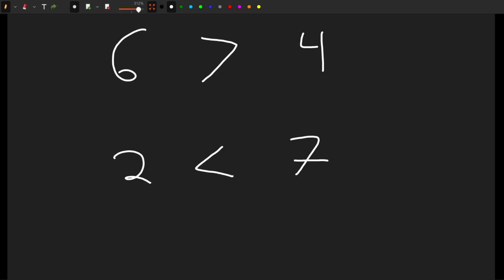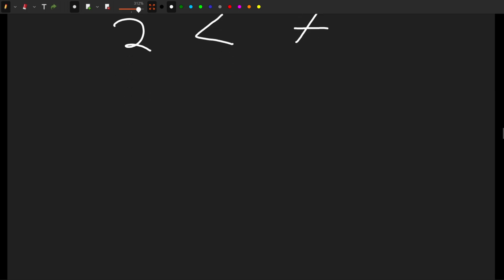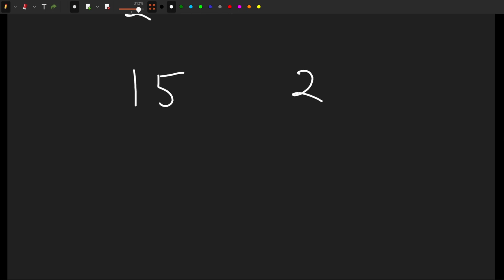Okay? And if we're looking at these next numbers, 15 and 23, we see that 15 is less than 23. And so we use the less than symbol. It's always based on whichever number is first.